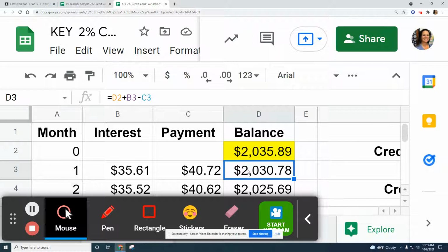But then I subtract off my payment that I made. So I'm starting with the balance, adding the interest charge, and subtracting the payment. Please type in this formula. Equals D2 plus B3 minus C3.